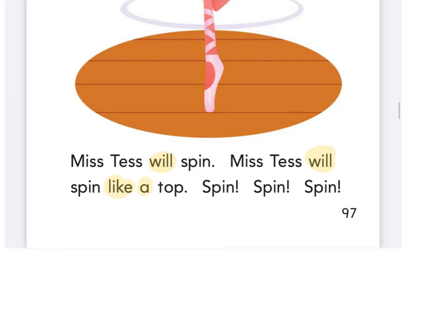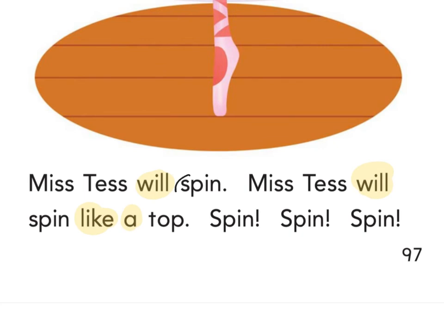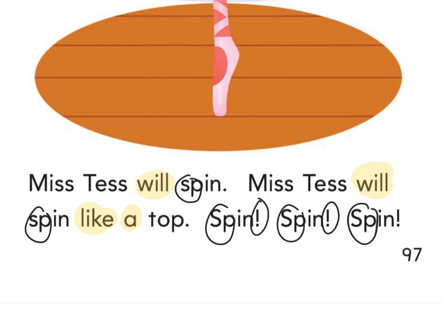We know Miss Tess. There's an S-blend word, in. In. What does T-O-P spell? In, exclamation. So you got Miss Tess, spin, and top. Those are the only words that we didn't highlight there.